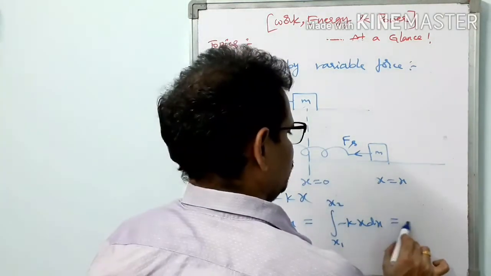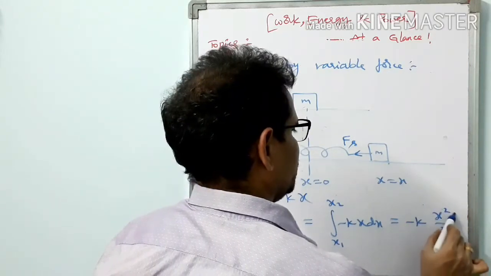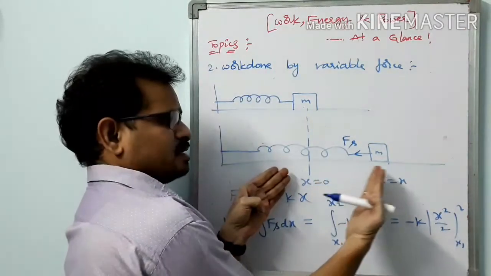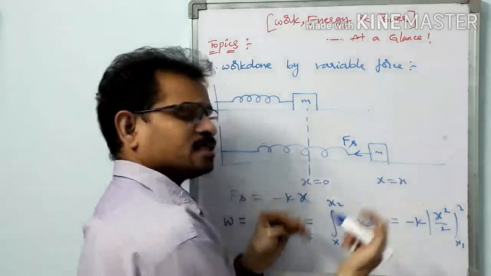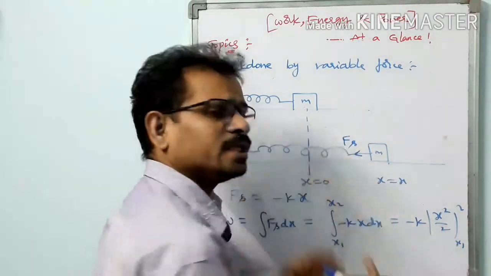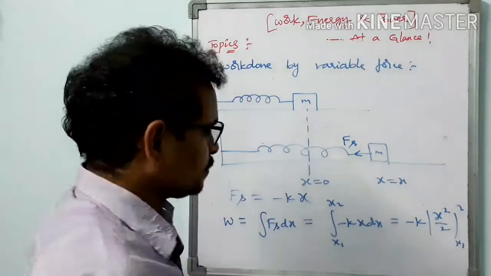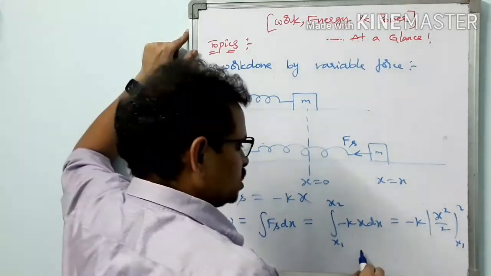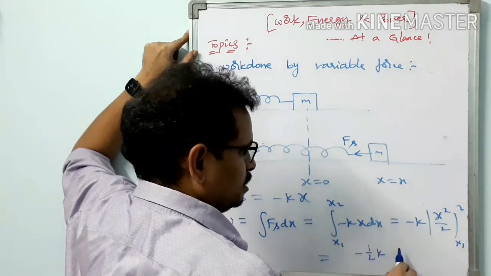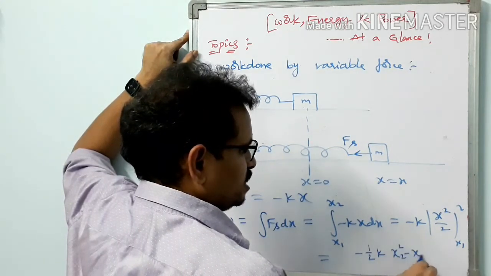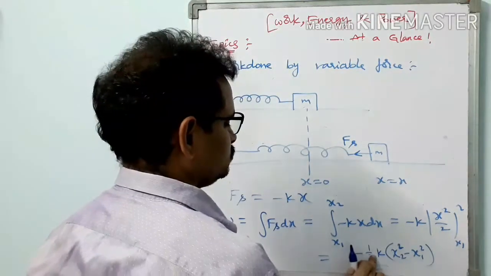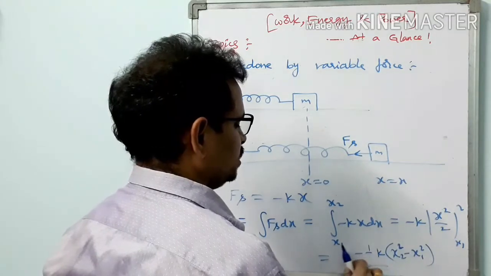So this is equal to minus K x square by 2, limits x1 to x2. Let us take its elongation, change in length, from some x1 to some x2, in two general points. So this is equal to minus half K times x2 square minus x1 square.